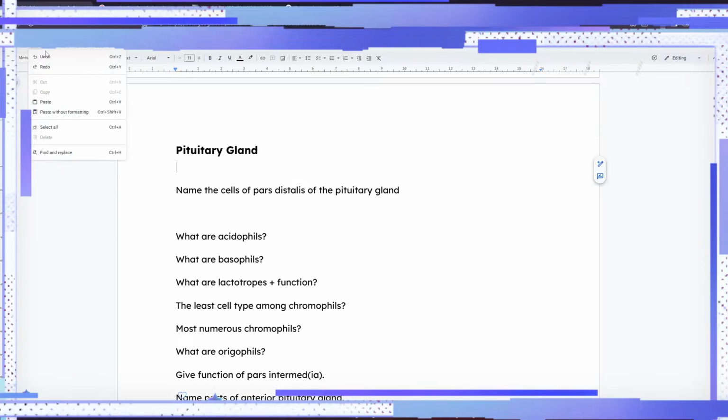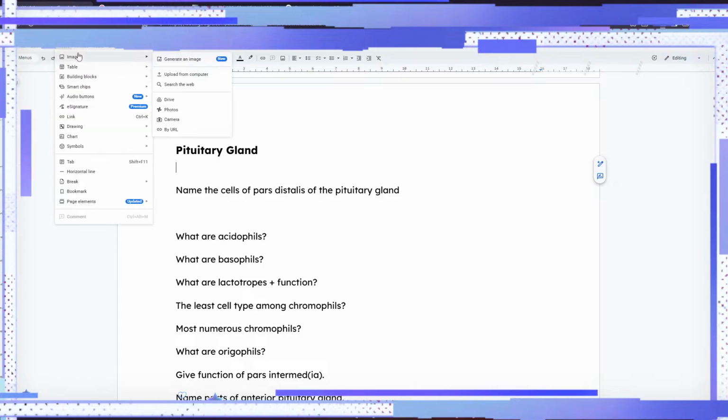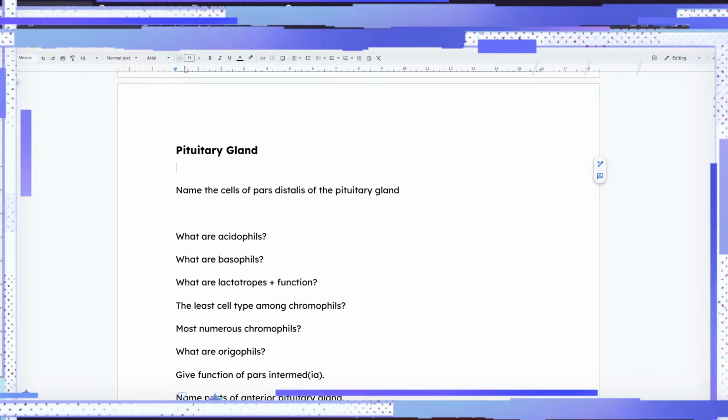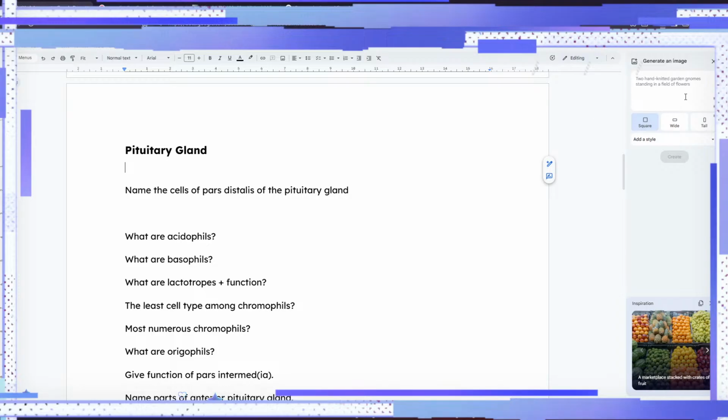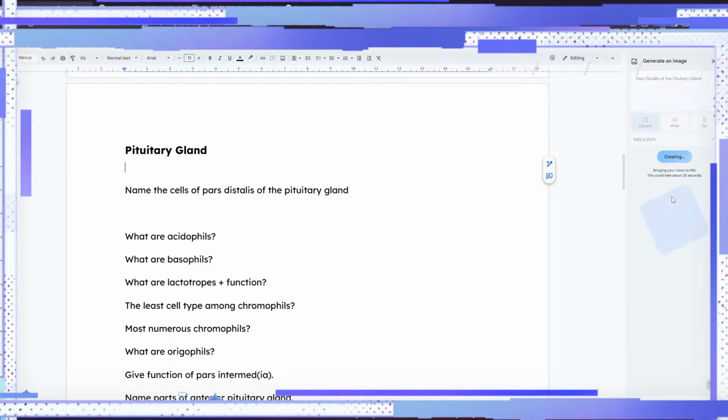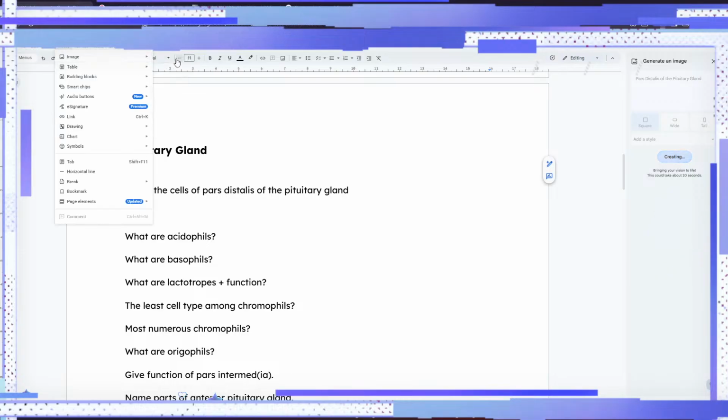Let's start. I'm gonna insert this image. Generate an image, that is cool. Let's say, parse the stylus of the pituitary gland. Let's see if it can make it. This could take up to 20 seconds. Anyhow, let's insert that image.